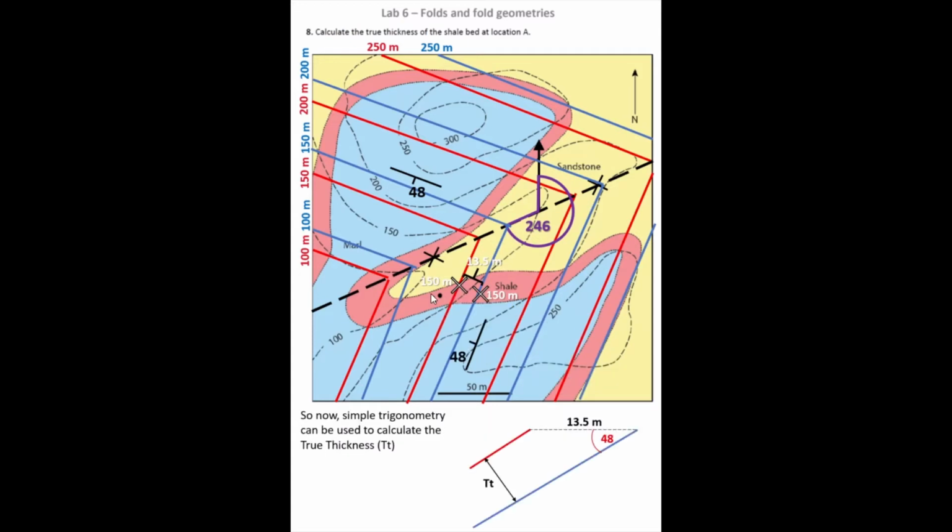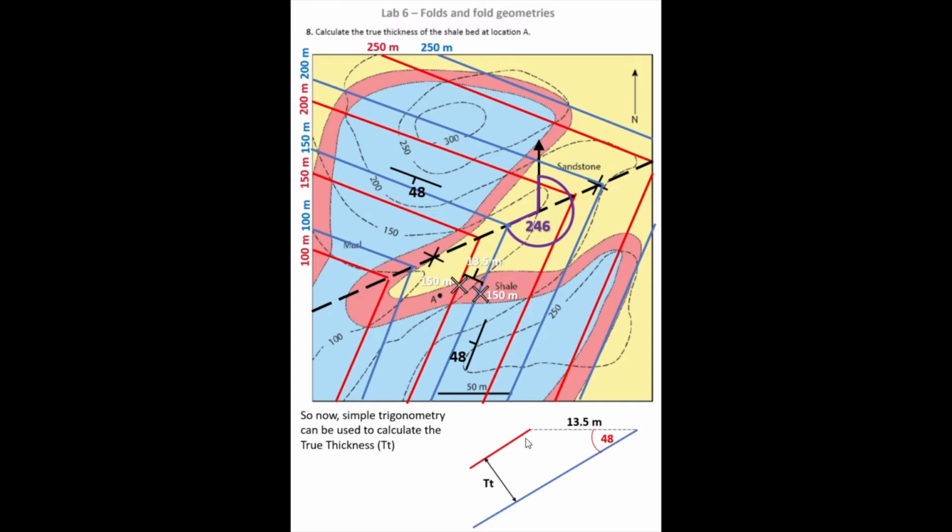Okay, so I can take a little sketch to show what I've done so far. I've got the bottom contact between the shale and the sandstone highlighted in blue here. I've got the top contact between the shale and the marl highlighted in red here.